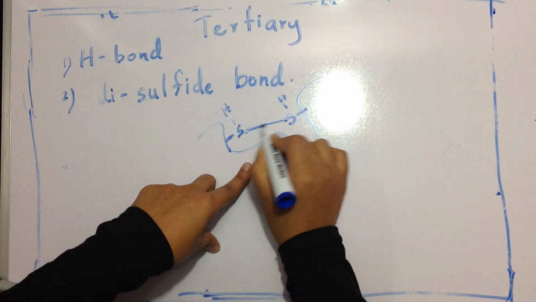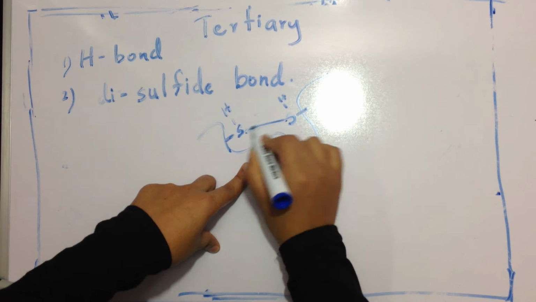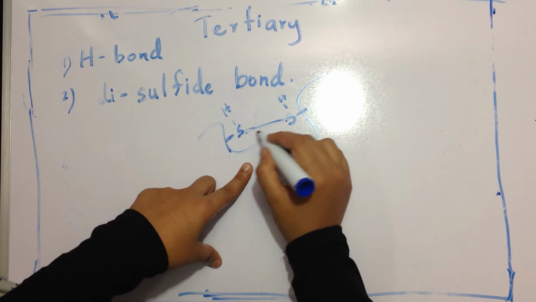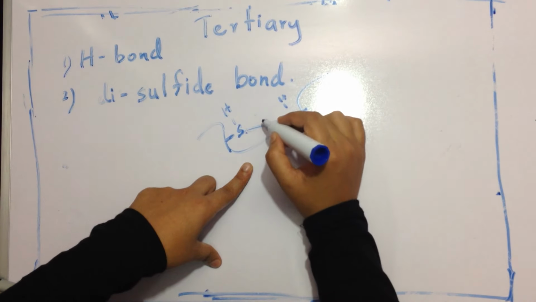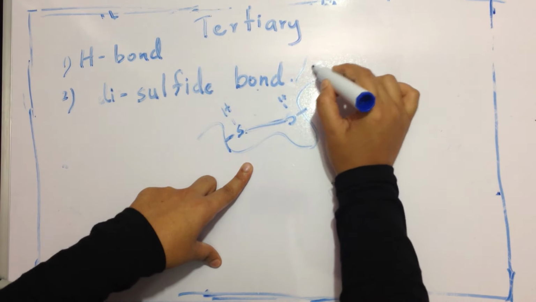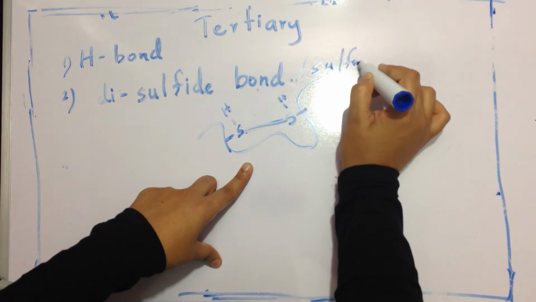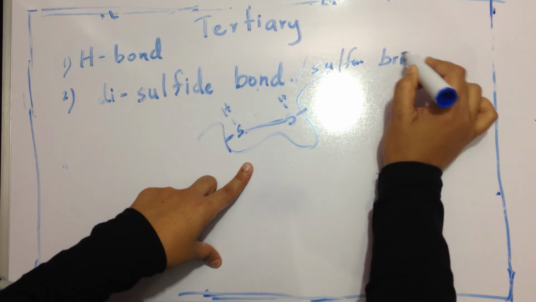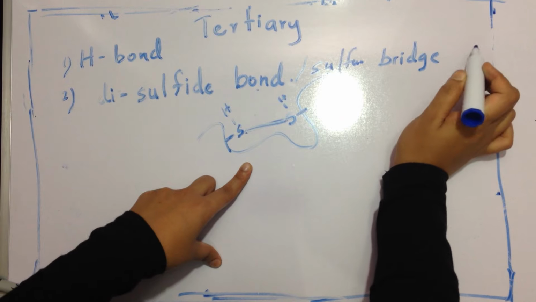This is a covalent bond. So this is called the disulfide bond, and this is also called a sulfur bridge.